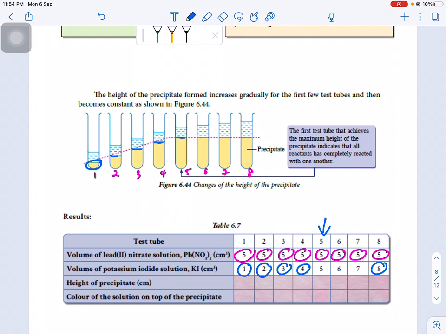And then the next, test tube number 6, we still fix the volume of lead(II) nitrate, but we increase the potassium iodide. Even though we increase the potassium iodide, the precipitate stays at the same level.